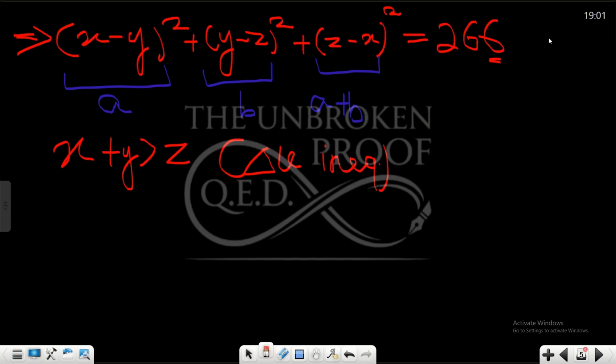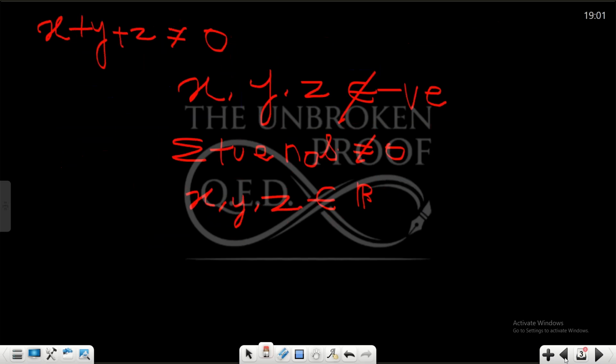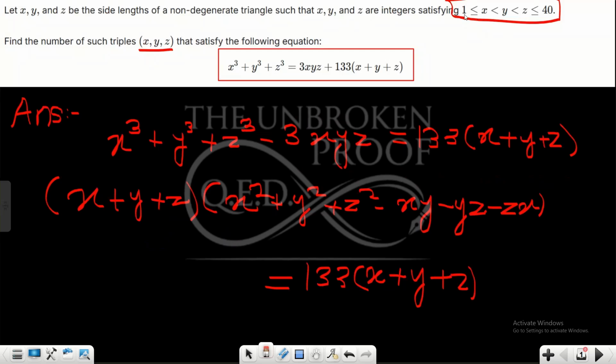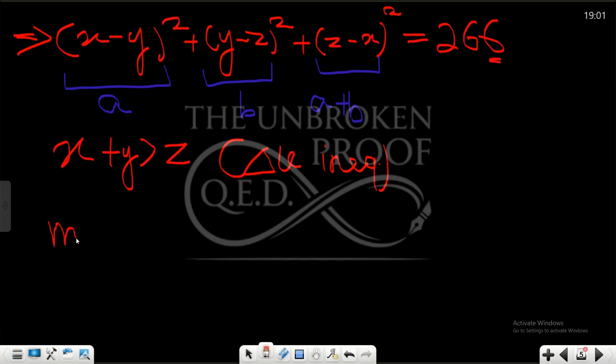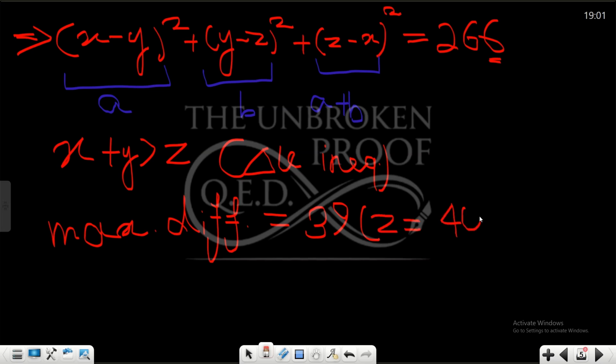Now if you look at the first condition given in the question, 1 less than or equal to x less than y less than z less than or equal to 40, it is clearly visible that the maximum difference can be 39 when you take z as 40 and x as 1.